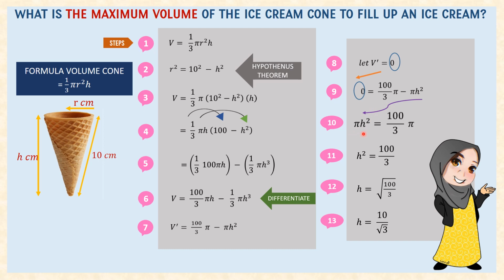So pi h squared equals 100 over 3 pi. Now we can cancel pi. So h squared equals 100 over 3. Move the square to the other side. So h is equal to the square root of 100 over 3, which is 10 over square root 3. So this is the answer for the h value.